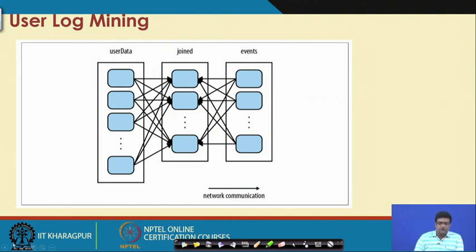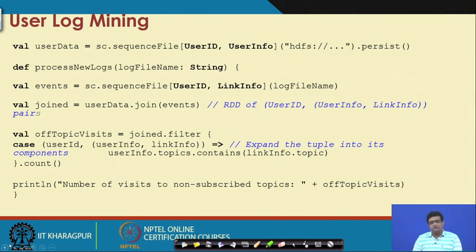Okay. So, now we will look at another task of user log mining, and we will see an important concept called the partitioning concept. The task here is that you are given two types of data.